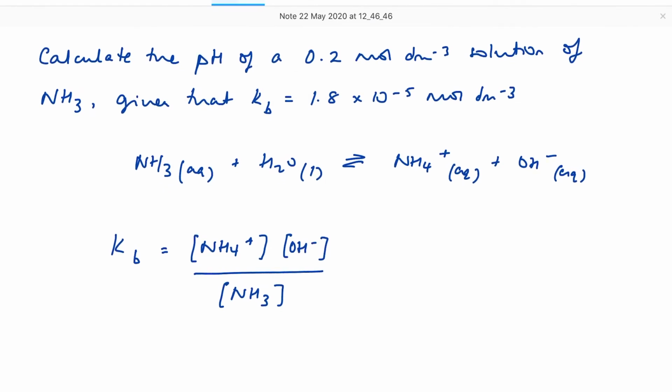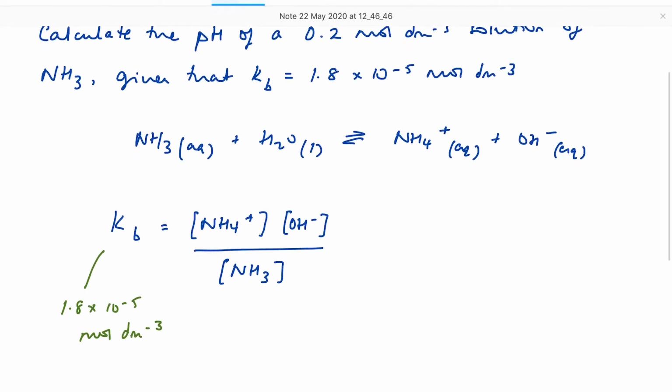So first of all, we know what Kb is. It is 1.8 times 10 to the minus 5 mole per decimeter cubed. We can assume, because this Kb number is so small, that to all intents and purposes the concentration of ammonia at equilibrium is unchanged. So that remains at 0.2 mole per decimeter cubed.